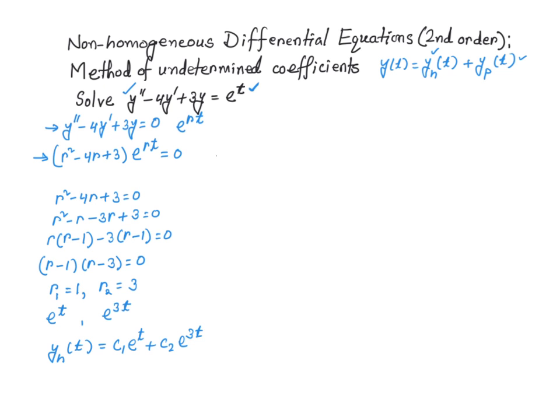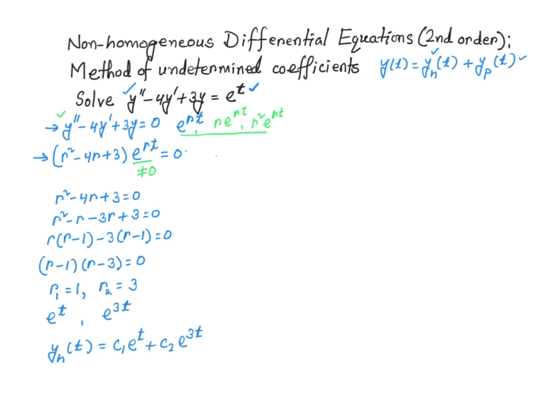The derivative of e to the power rt is going to be r times e to the power rt, and the second derivative is going to be r squared times e to the power rt. If we plug these three values into the equation, we get this. Now e to the power rt is not equal to 0 because it's an exponential function.